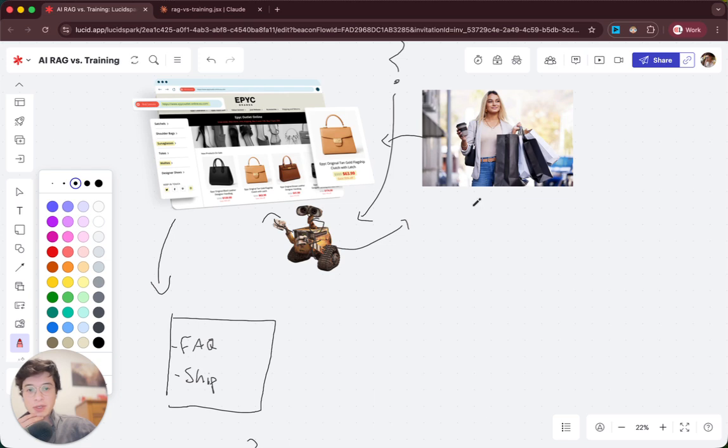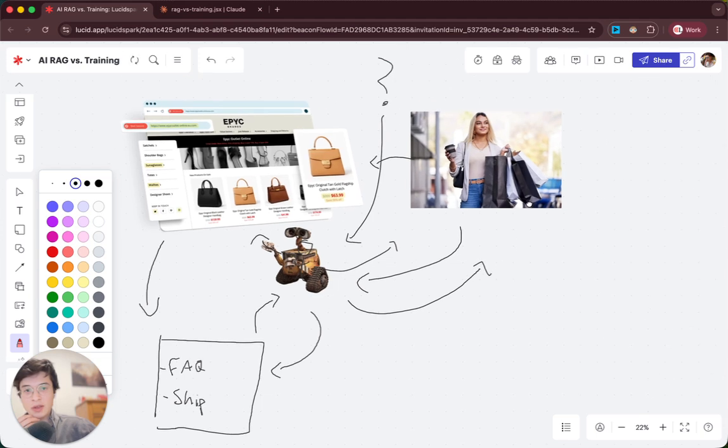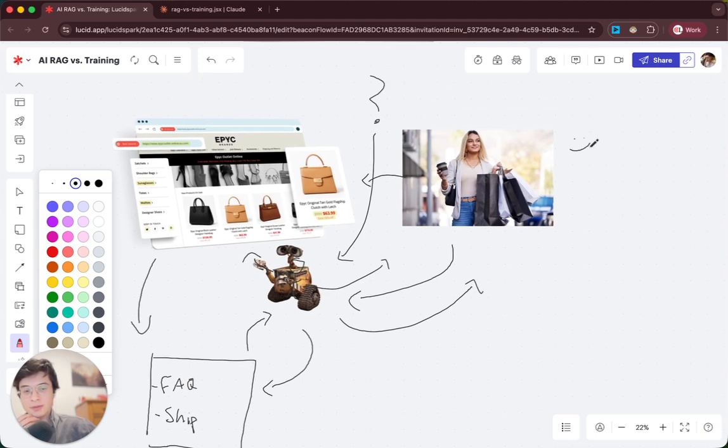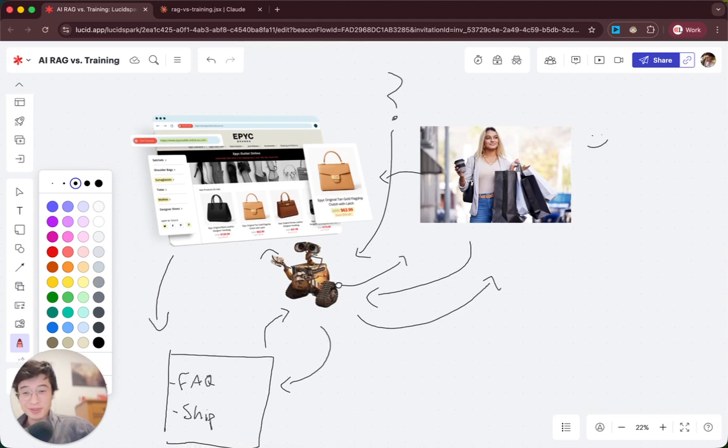Then if someone asks a new question, like, do you guys sell this kind of t-shirt or this brand of whatever, the AI can immediately reach over to the knowledge base, use that to give an answer, and your customer is happy. This is great because if you get this working once, it can talk to everybody. It can also talk to everyone in different languages, which is really exciting.